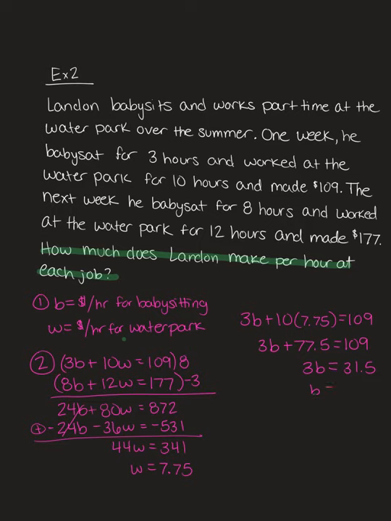Divide by 3, and B is equal to 10.5. Again, you have to answer in a complete sentence. So Landon makes $10.50 per hour babysitting, and $7.75 per hour at the water park.